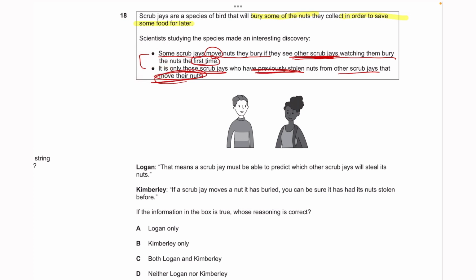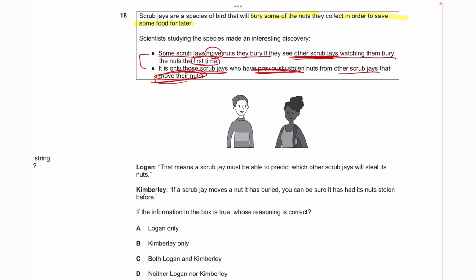Imagine that you've stolen stuff before and you know how people work. So then you're going to be moving. So if you've previously stolen and you're trying to hide something, you're going to also move your nuts as well, just to be sure and safe. And so that's what scrub jays do. That's the behavior that they're following.